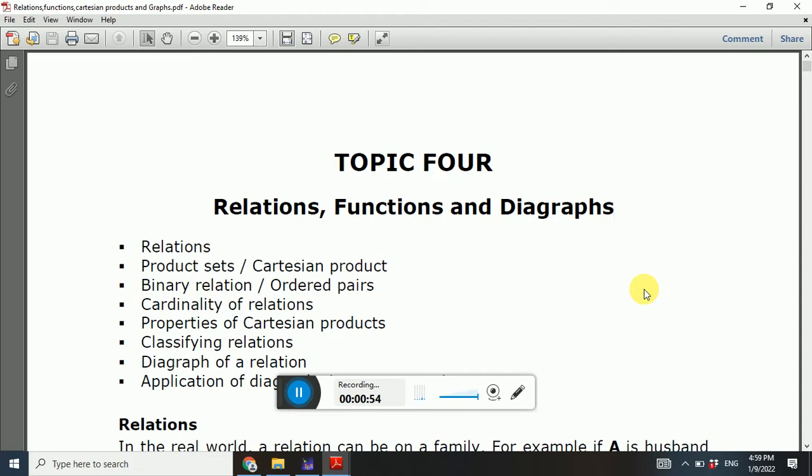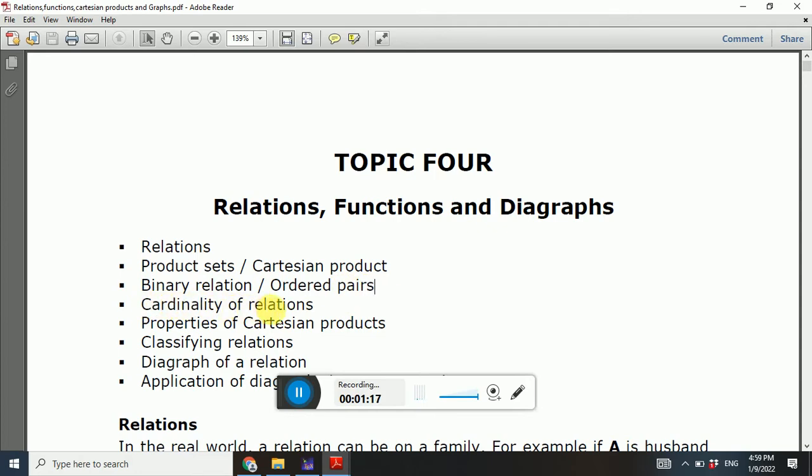Okay. And under relations, we are basically going to look at what they mean in mathematics, how to find the product sets, which are also sometimes called the Cartesian products. Then what are binary relations, which are also called ordered pairs?